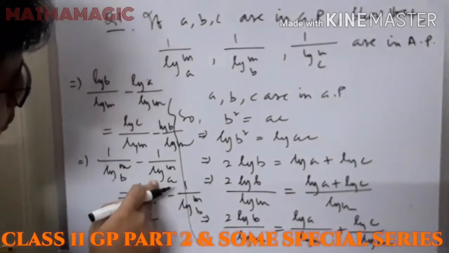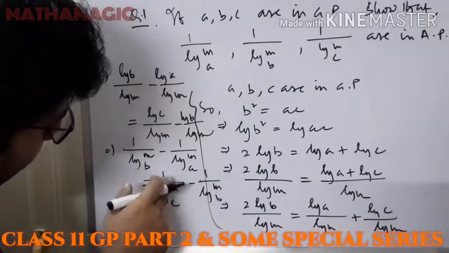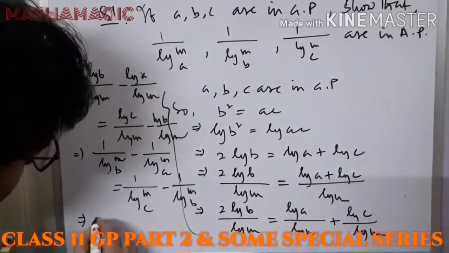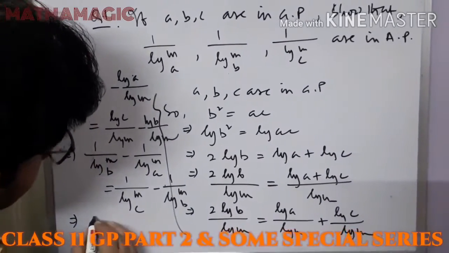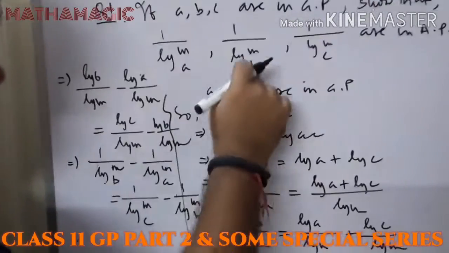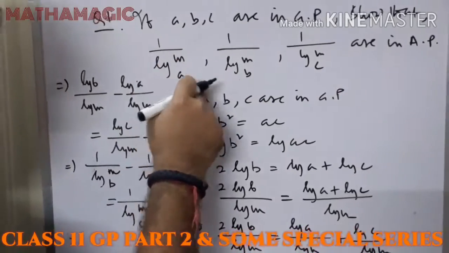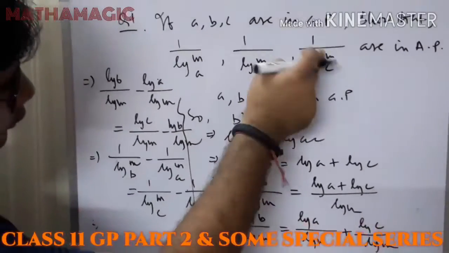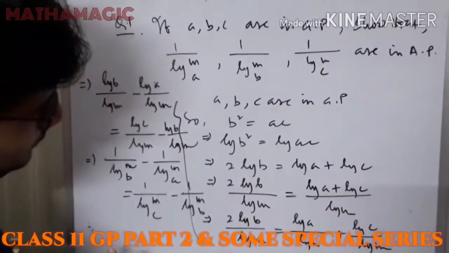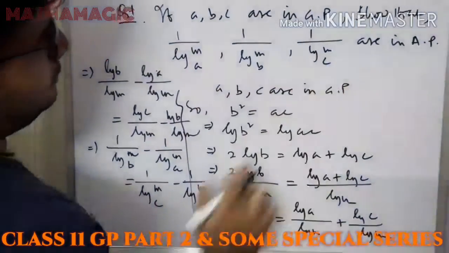So here, 1 by log of M base B minus 1 by log of M base A is equal to 1 by log of M base C minus 1 by log of M base B. So it is pretty much clear that these three terms are in AP.